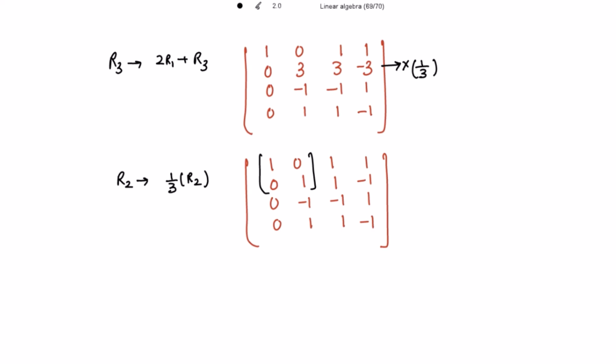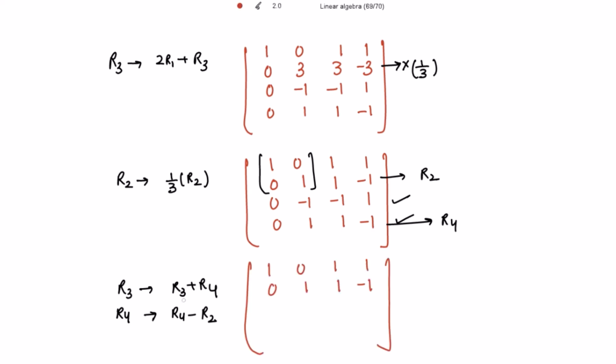For that, let me change row 3 by adding row 3 to row 4, and also change row 4 by subtracting row 2 from row 4. So this is R4 minus R2.